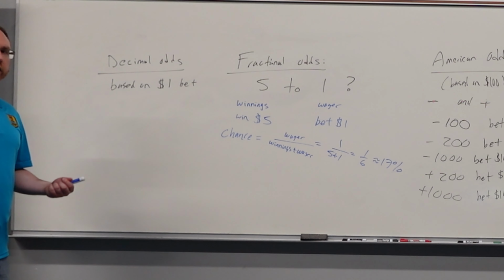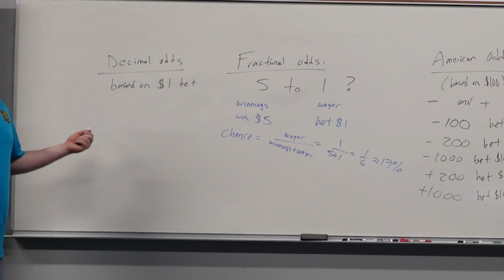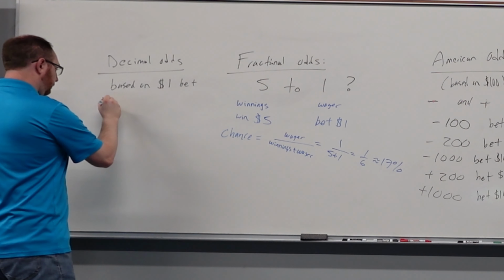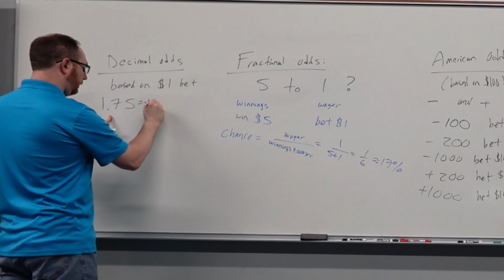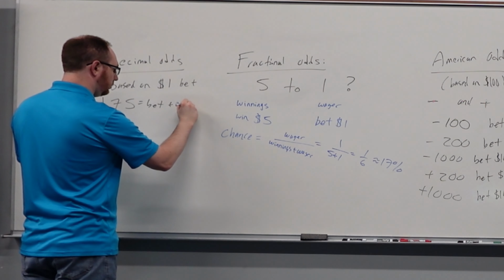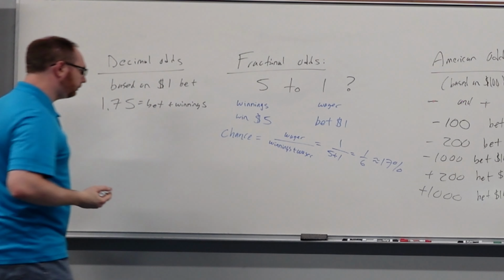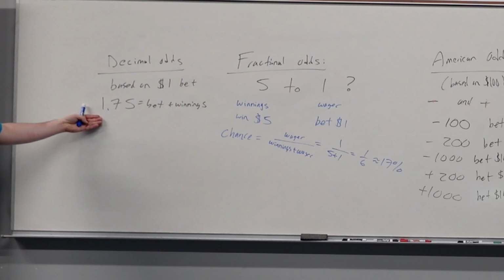And the number they're going to give you is your bet plus the winnings. So if they tell you the odds are 1.75, this is your bet plus your winnings. So this is saying if you bet $1, you're going to win 75 cents.